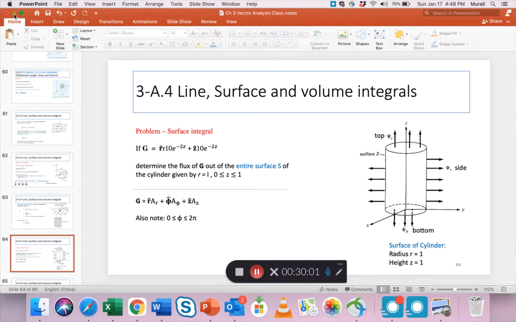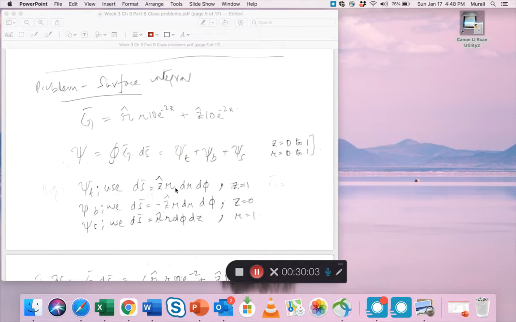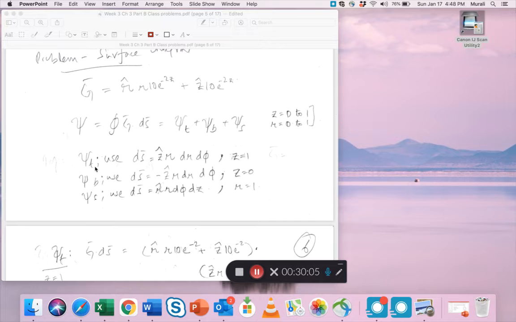Okay, so you have to divide it into three parts, and for each of these areas or for each of these psi calculations, you have to pick the right differential area formula. So here's one, here's second, here's the third. Now the top and the bottom are really the same, except the unit vector is in the reverse direction.